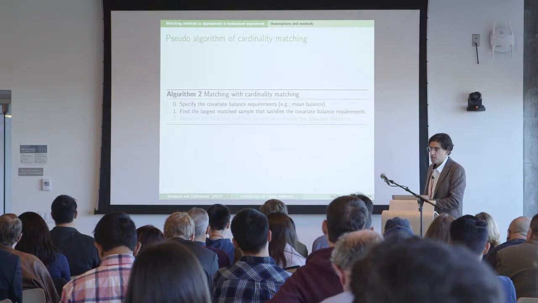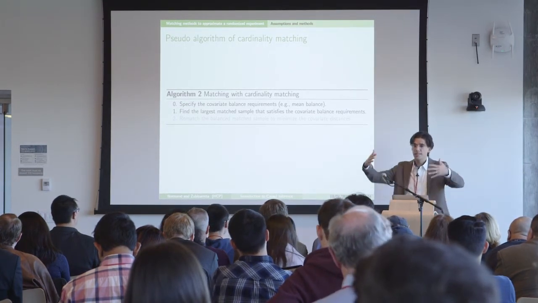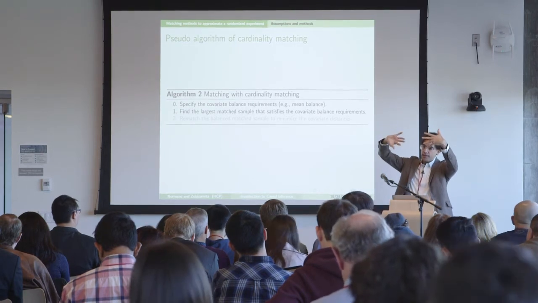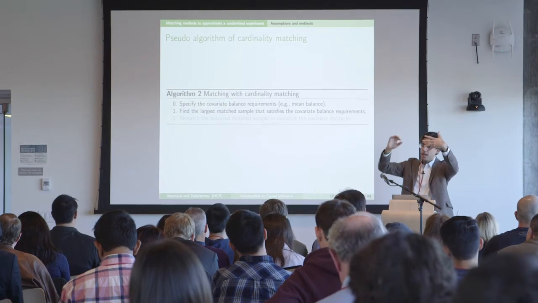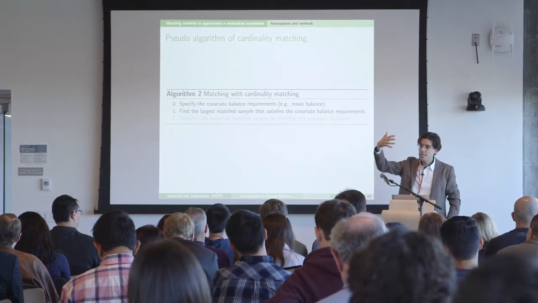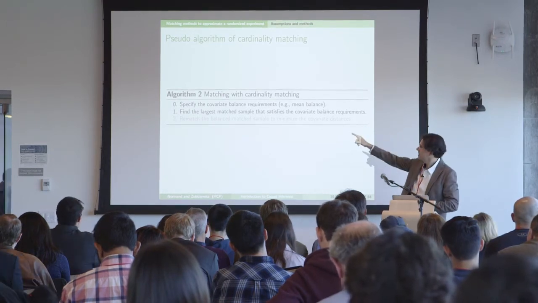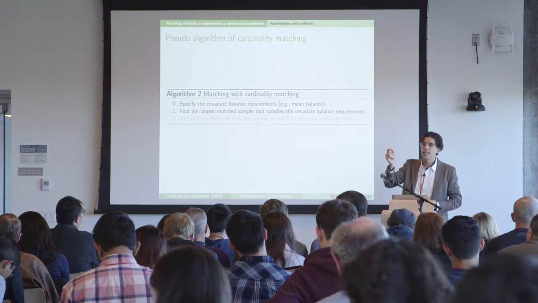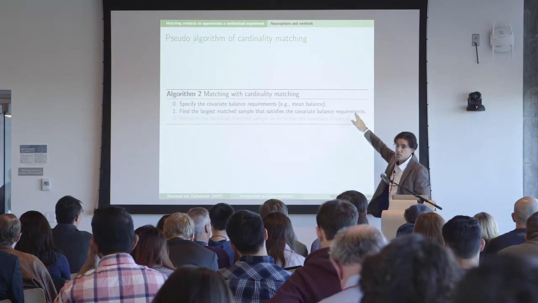But that is not a problem, because after cardinality matching for balance, you have found the largest match sample of, say, 5 match pairs that is balanced relative to the covariates. What I can do next is to re-pair these subjects in order to minimize covariate distances. And moreover, I can go back to the original data set, and for that fixed size data set that I obtained in step 1, I find the optimal matching in terms of distances that minimize covariate distances, but I will know that it's going to preserve this covariate balance.